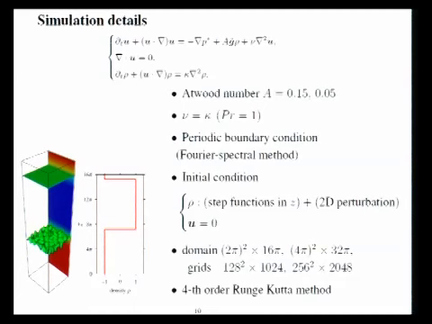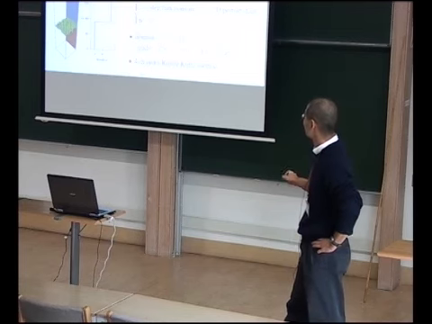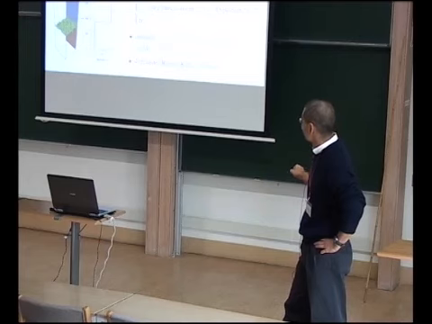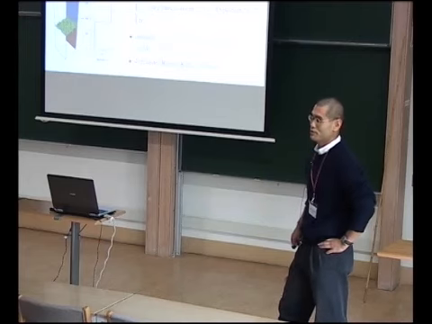I will remind you that the Boussinesq approximation is valid for small Atwood number. The other important thing is that I'm solving these equations under periodic boundary conditions in all the directions.